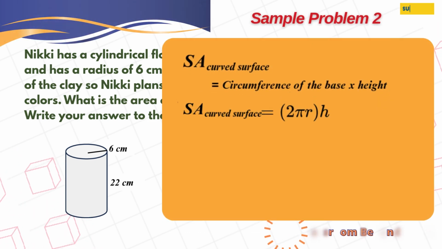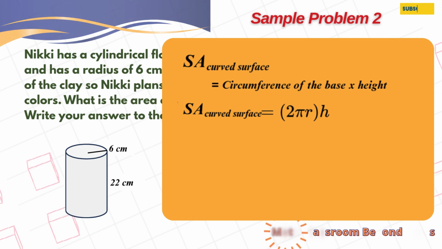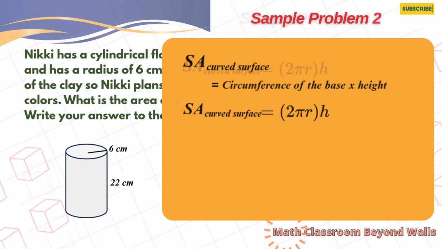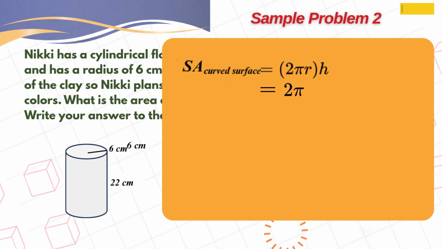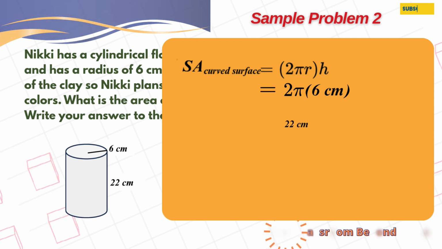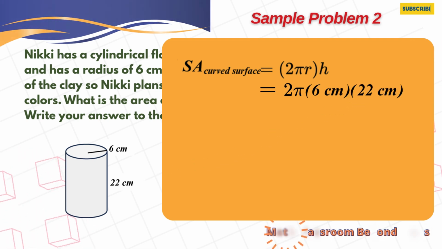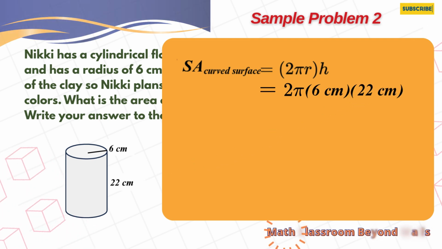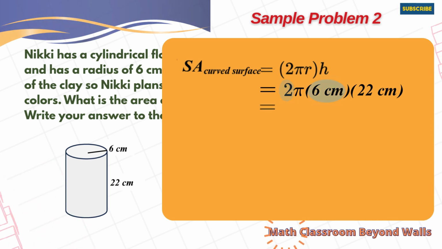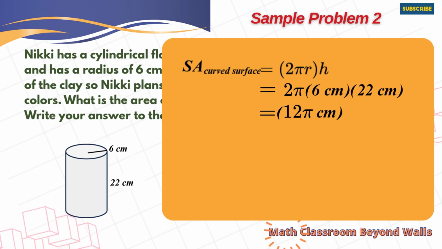So the area of the curved surface is 2 pi r times h. Plugging in the values, we have 2 pi times 6 centimeters times 22 centimeters. Multiplying 2 and 6 centimeters gives us 12 centimeters.